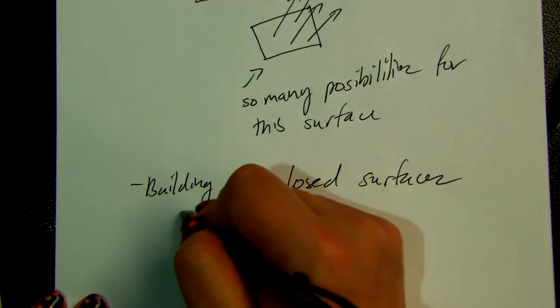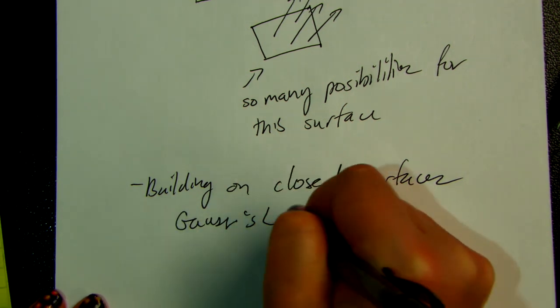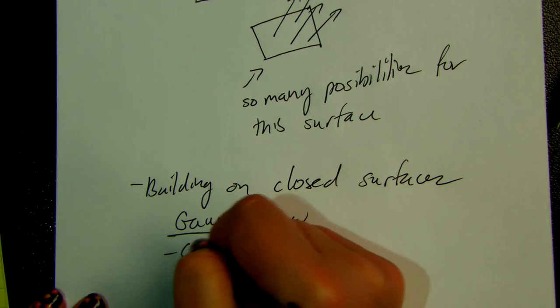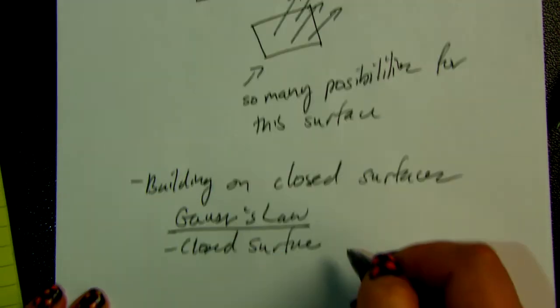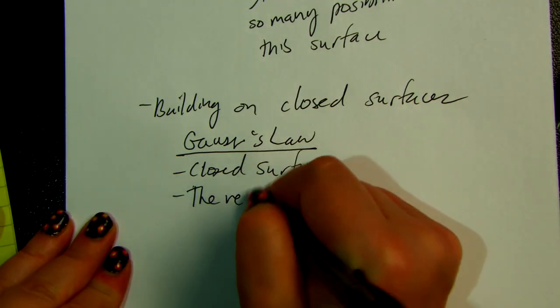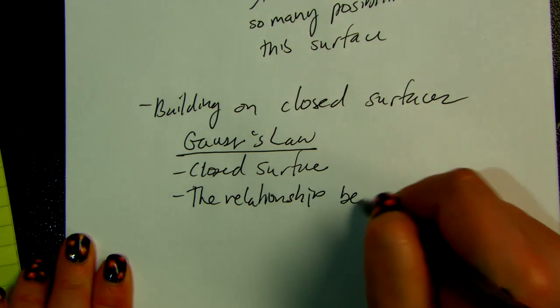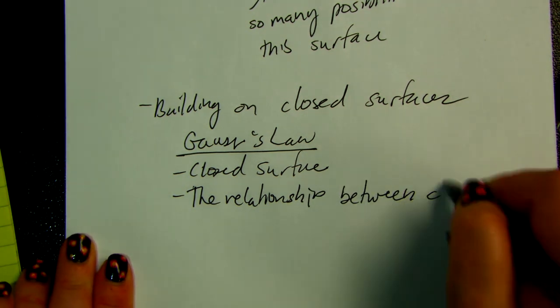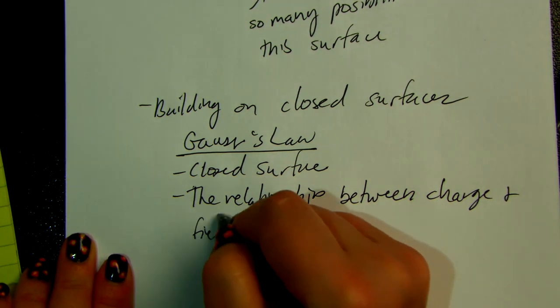All right, so Gauss's law is for closed surfaces, and it's going to give us the relationship between charge and field.